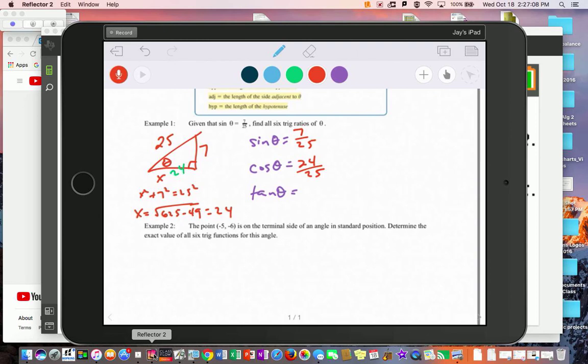And the tangent would be opposite 7 over adjacent 24. Now, to do the reciprocals, I do cosecant, secant, and cotangent. And here, all I have to do is flip the ratio, and I will have my reciprocals. So there I've done all 6 trig functions.